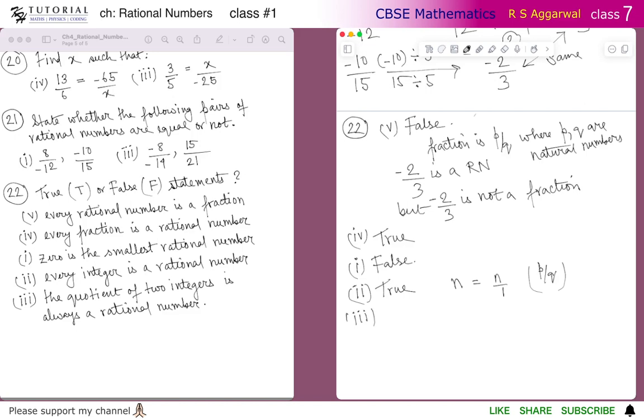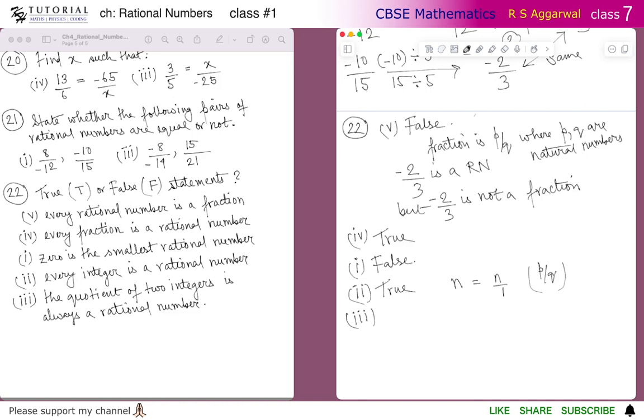Third, the quotient of two integers is always a rational number. Remember, it is asking about the quotient.